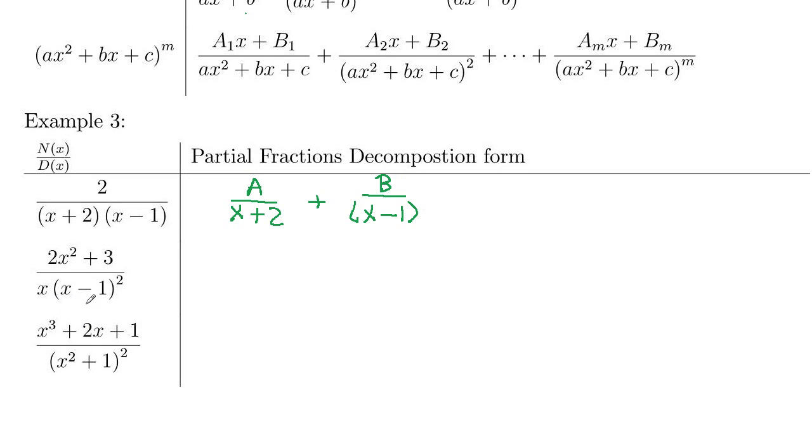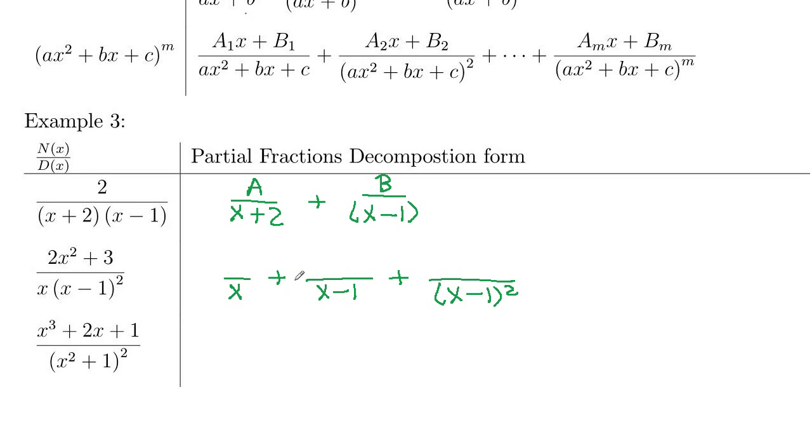Well, what about x minus 1 squared? Well, that x is a first power, so we'll have one term that's got x in the denominator. And then we've got x minus 1 squared. So we're going to have one term that's got an x minus 1, and another term that's got an x minus 1 squared in the denominator.